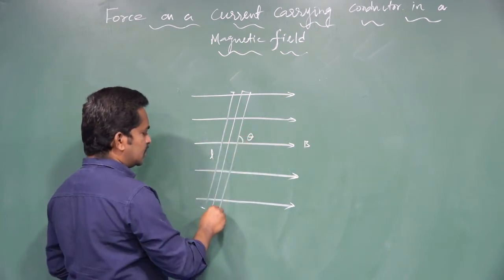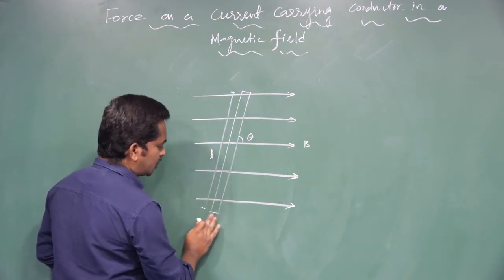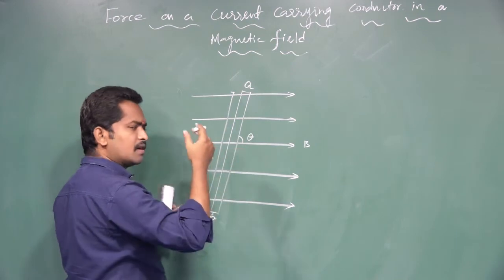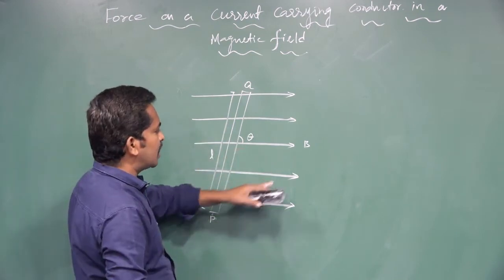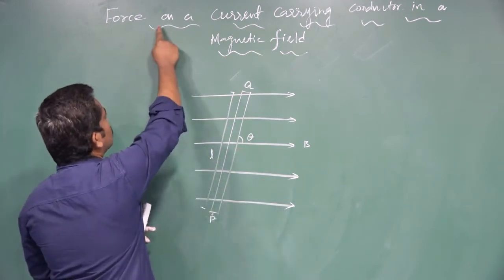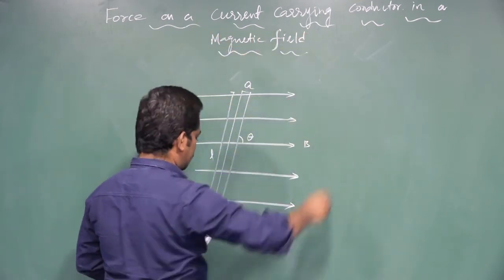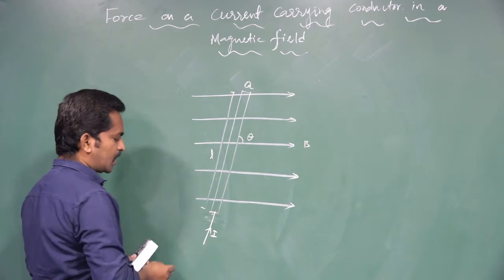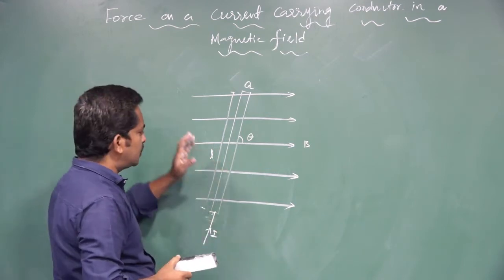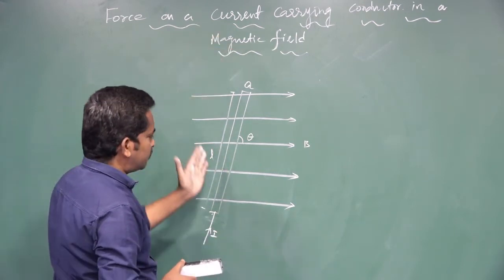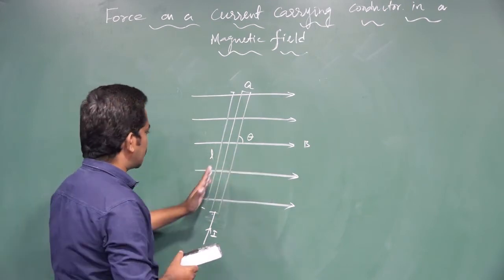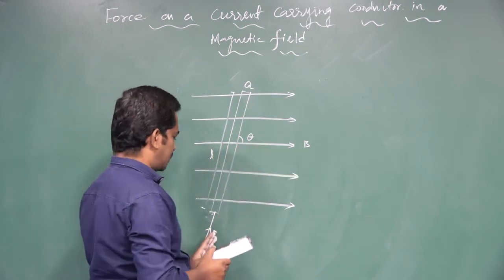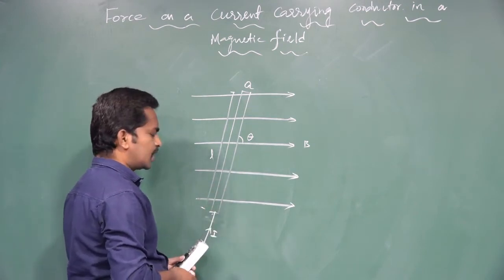PQ is a conductor of length L placed in a magnetic field. When current I flows through the conductor, the current carrying conductor placed in a magnetic field makes an angle theta with the magnetic field.